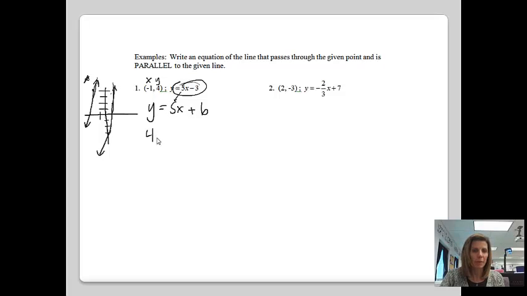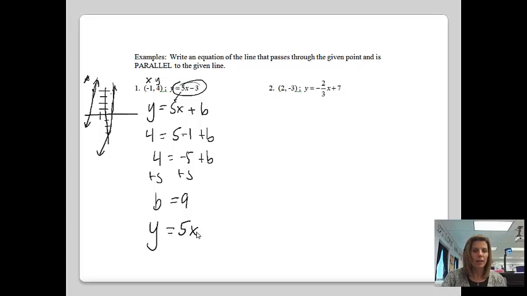My y value is 4, my x value is negative 1, and then plus b. So I get 4 equals negative 5 plus b. To get b by itself, I will add 5 to both sides, so b equals 9. Then I have y equals 5x plus 9. You can see it looks like it's heading for crossing the y-axis up at 9, so that looks about right.